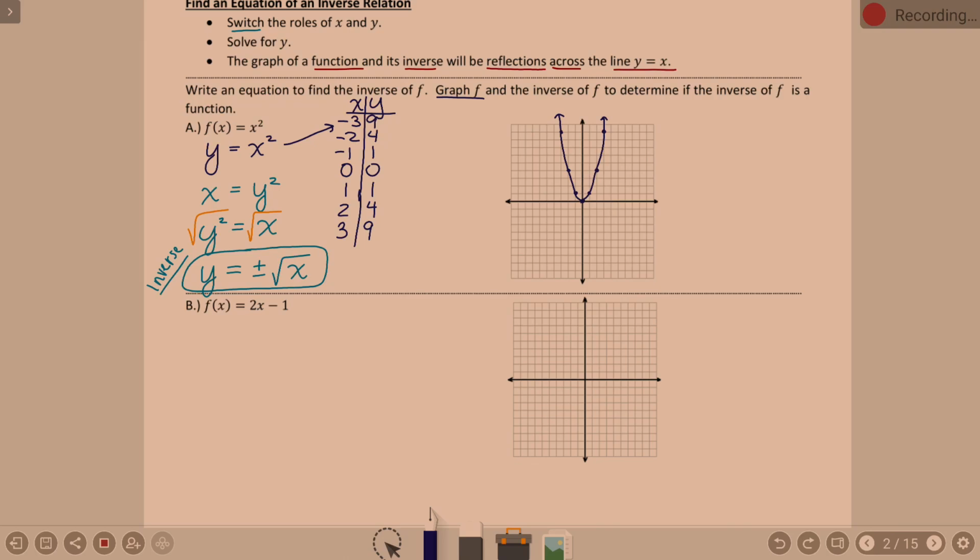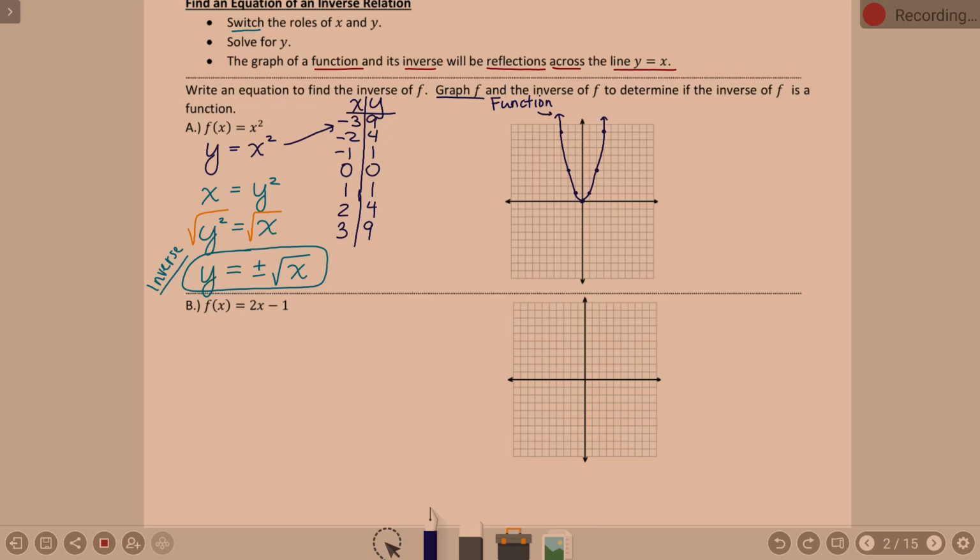Or does this pass the vertical line test? Remember, vertical line test is, can I draw a vertical line through it and it just touches the graph once? Does it do that? Yeah. Okay. So, for the record, just throw it in here while I can. This is a function.